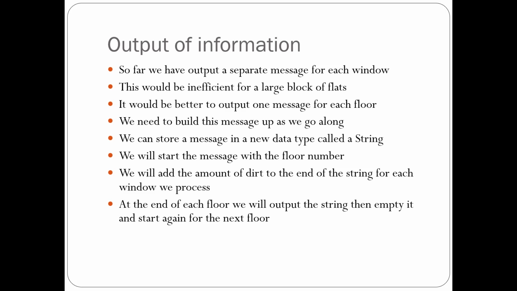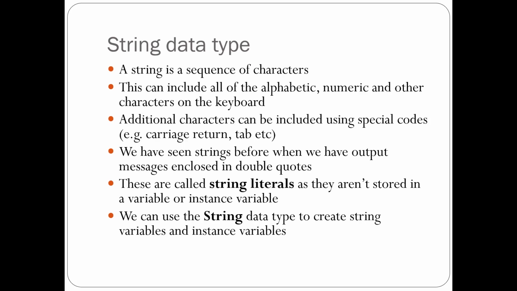So what we're going to do is, as part of this, we're going to learn how to create a string data type, which will basically build our message up of all the windows along a single floor. And then we're going to add the amount of dirt on the end of each string, and then we can output that string. So we literally get one message for each floor, but that one message will output all the dirt. So we're going to use strings.